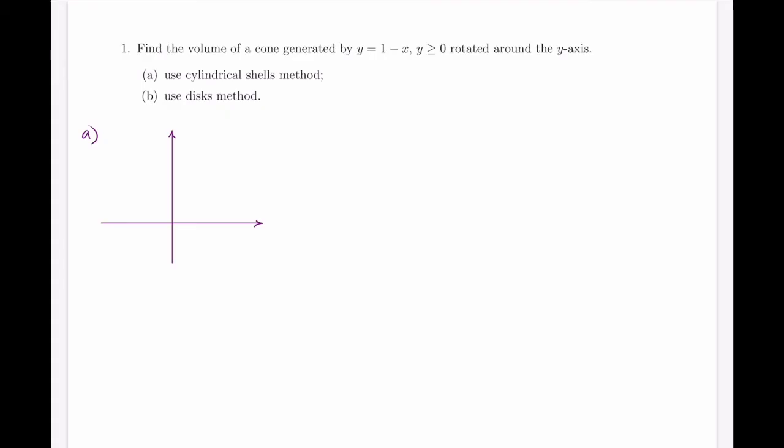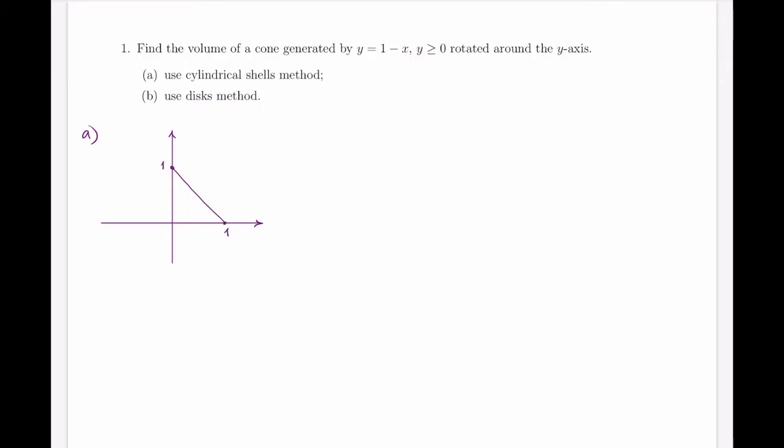So let's sketch the region first of all. My line is 1 minus x, which means that it's the line with the y-intercept of 1 and the slope of -1. So it's the line that goes something like this and continues on. I am interested in rotating the region of it for y equals 1, and let's say bounded by the x-axis, around the y-axis.